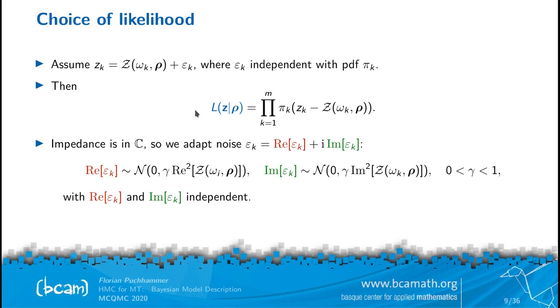The only thing we have to be a little bit more careful about is that the impedance is actually a complex number, so we have to adapt the noise accordingly. And this is done by just considering it as real part plus imaginary part. The real part is a certain normal vector. The imaginary part is a certain normal vector. The two are independent, and voila, the likelihood is finished.